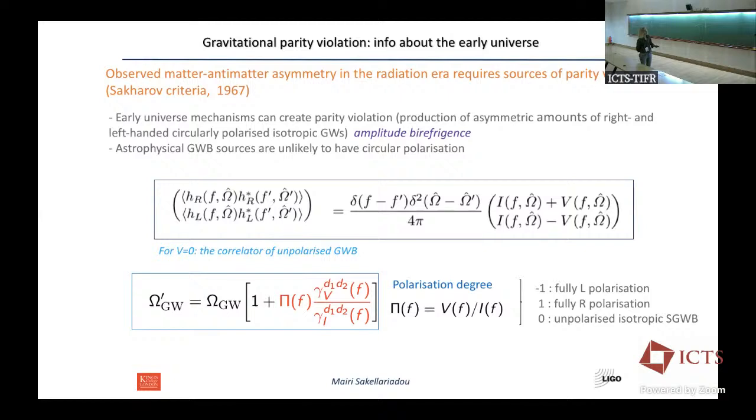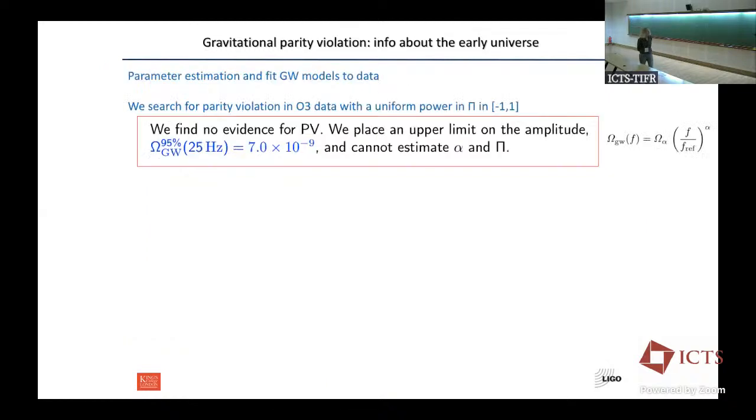Which again is the relation that you get from the Stokes parameters. So if I have no polarization, this pi equals 0, and fully right or left, it will be minus or plus 1. Then we looked for that in the data, in a generic kind of search, and we did not find any hint for this parity violation.